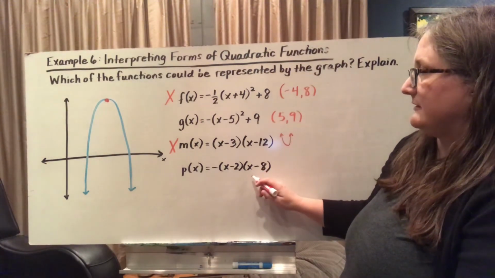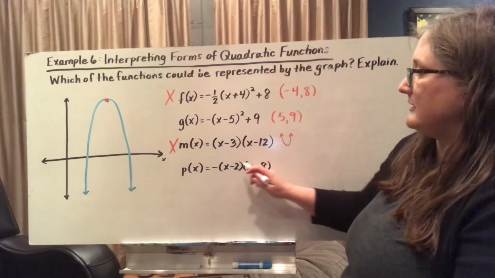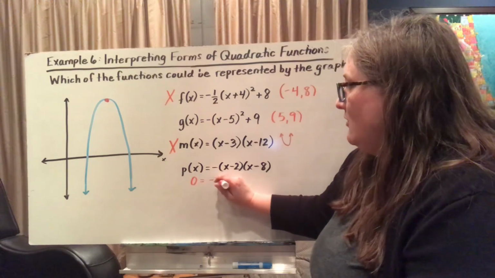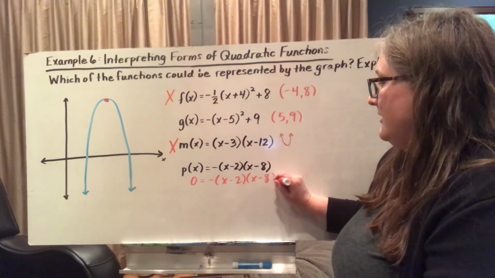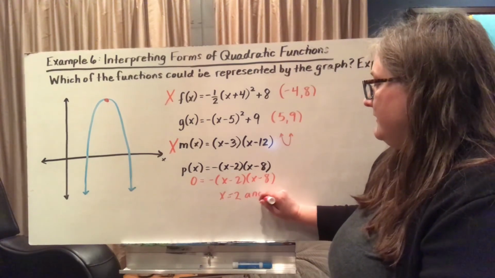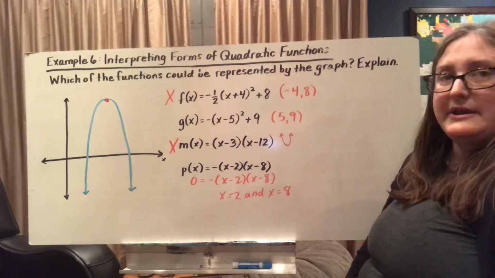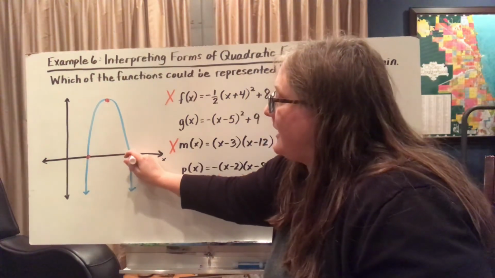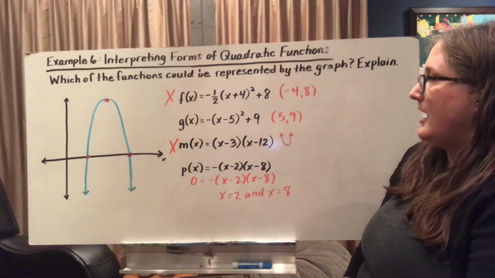So I'm looking at this one, and I notice that the x-intercepts, the things that are going to make this equal to 0, would have to be x equals 2 and x equals 8. So right now that still looks good. This could be 2 and 8. So that one's not disqualified in any way.